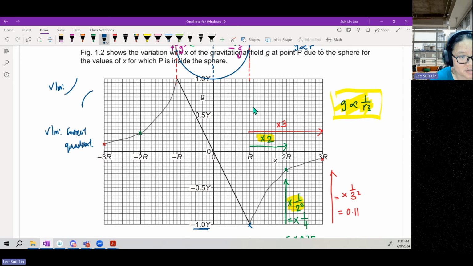I never draw anything like here. This will be the wrong quadrant. This blue color will be the wrong quadrant. But correct shape, still get the first mark. This one is shape. Okay. This one, correct shape. Wrong quadrant.